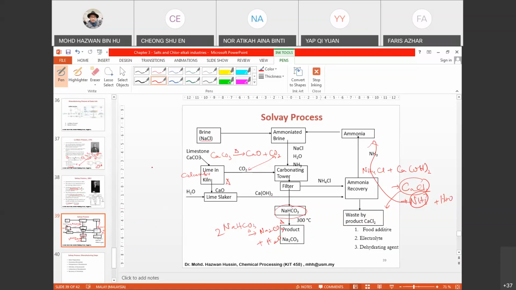The byproduct calcium chloride can be used as a food additive, can also be used as an electrolyte, and also as a dehydrating agent. That's why normally in any chemical process, you will use calcium chloride when you want to dehydrate, to remove water, right?